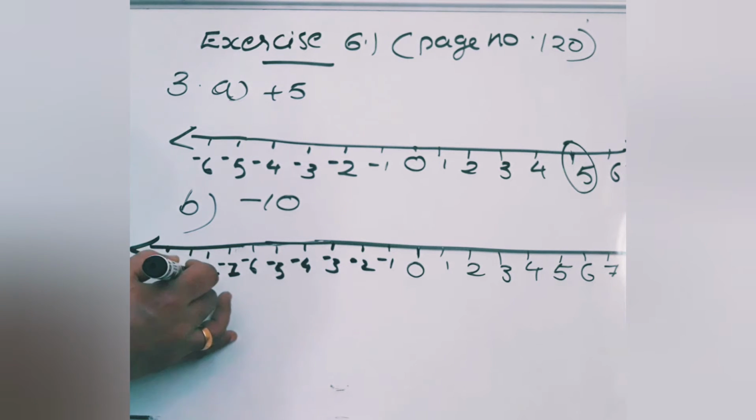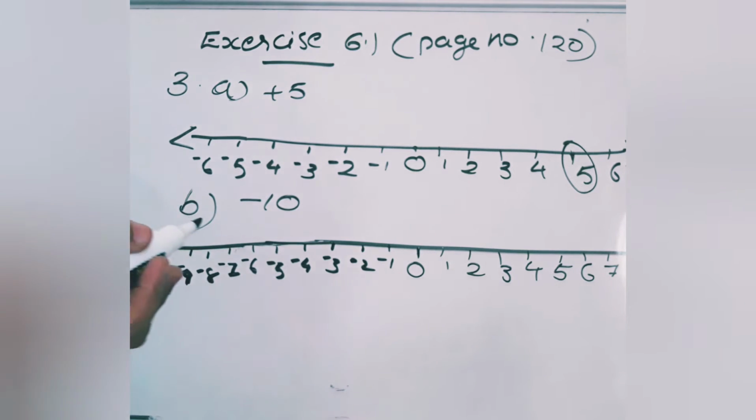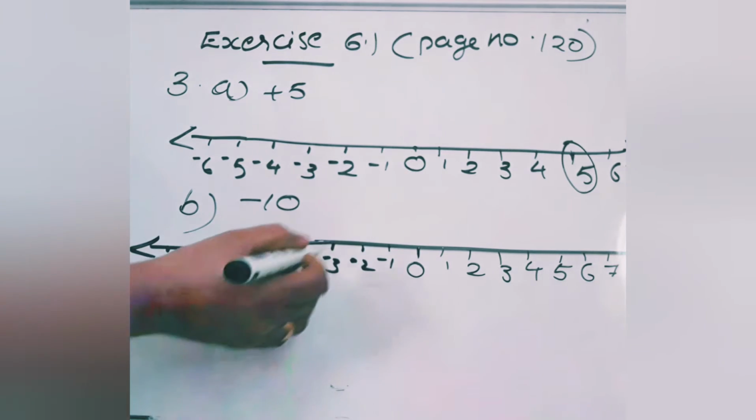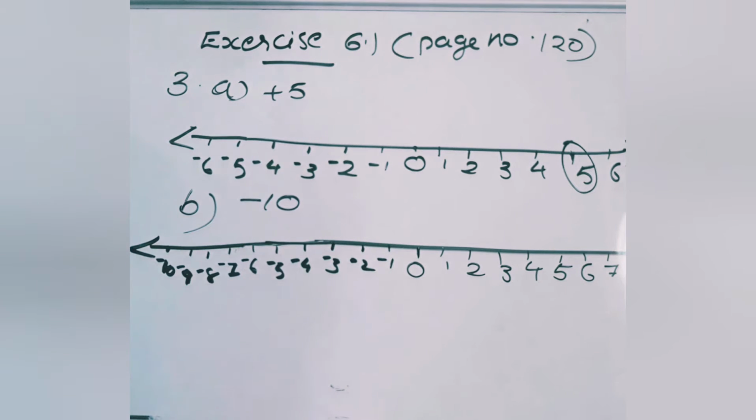It should be at equal distance. When you use a scale and draw it, you will get a clear equal measurement. So negative 10 is here in my number line. You can continue if you have space; I stopped here. So negative 10 means its answer is here.